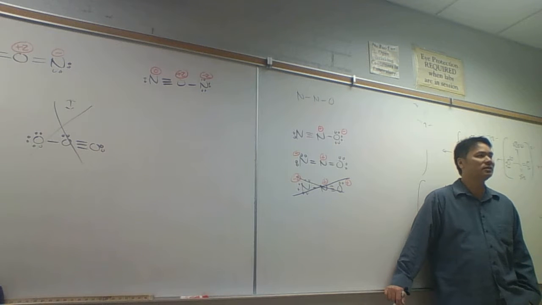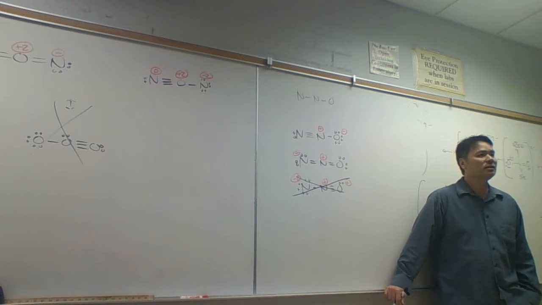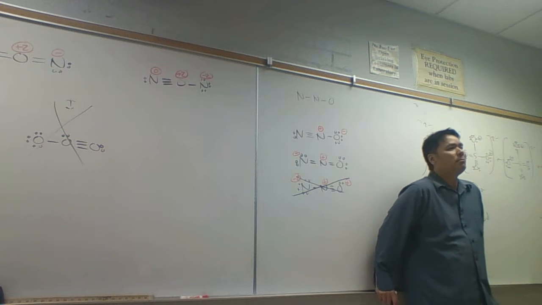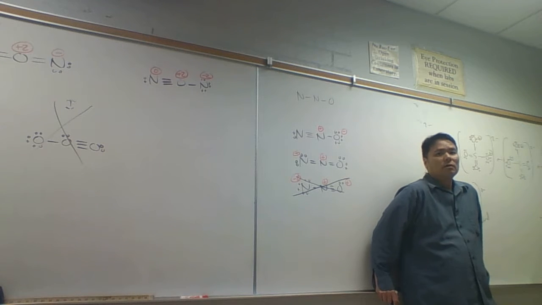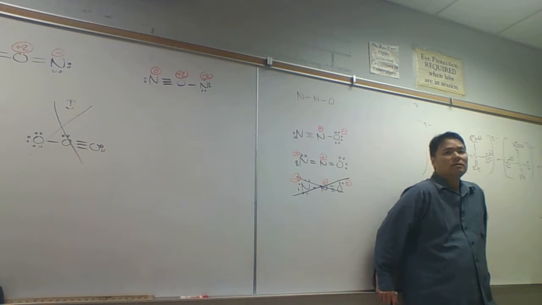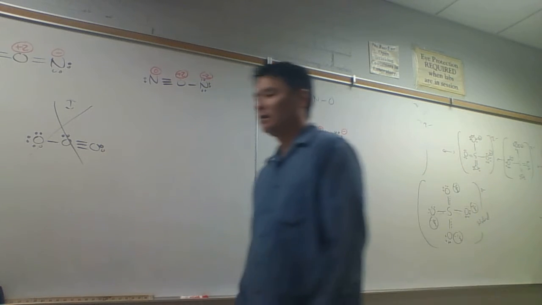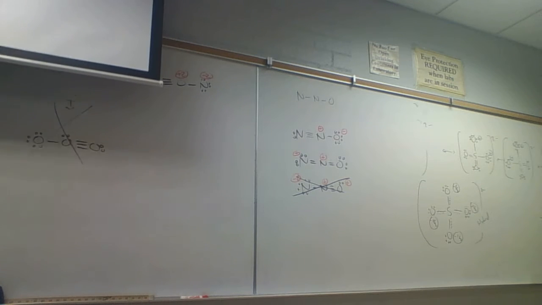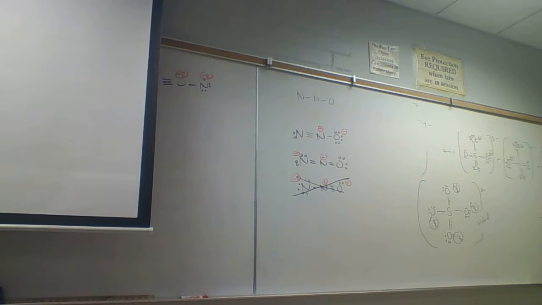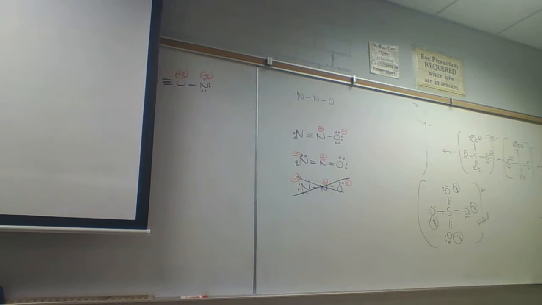If you had a delta EN of 0.5, we would call that bond nonpolar covalent, polar covalent, or ionic. A delta EN of 0.5, so covalent. Well, if it's under 2, the number is really small, but as a percentage it's nonpolar covalent.